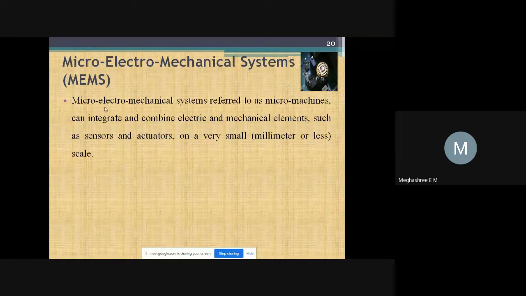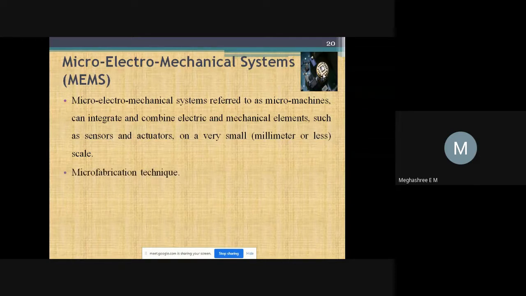So this is a machine on which you can integrate sensors and actuators. That is called a micro electromechanical system. See here, this is an image I have taken where the sensors and actuators are deployed on this machine.